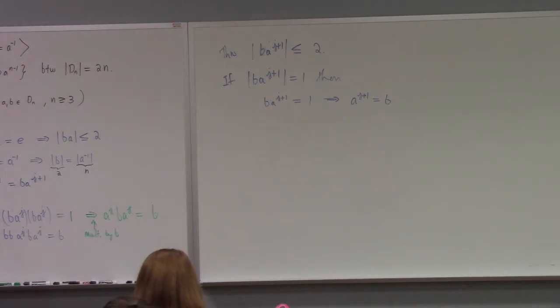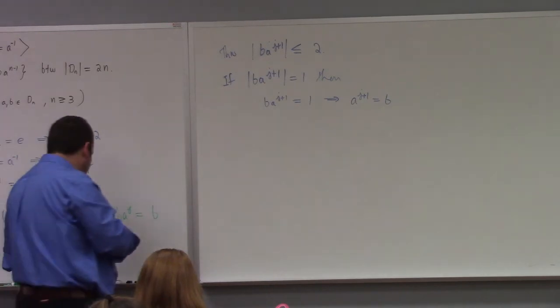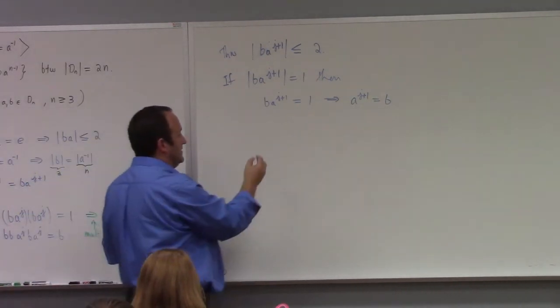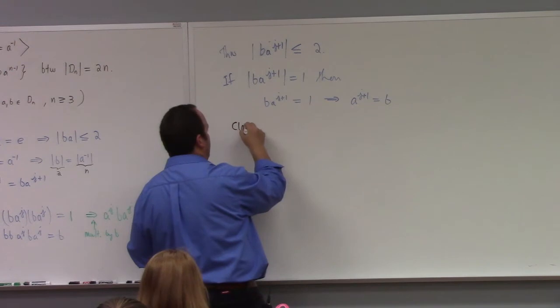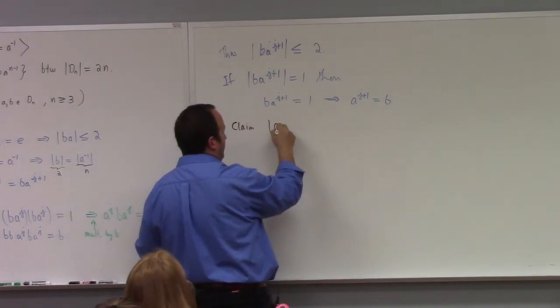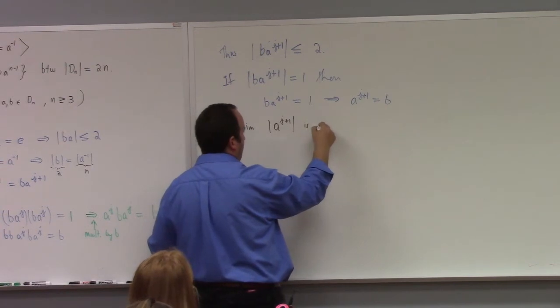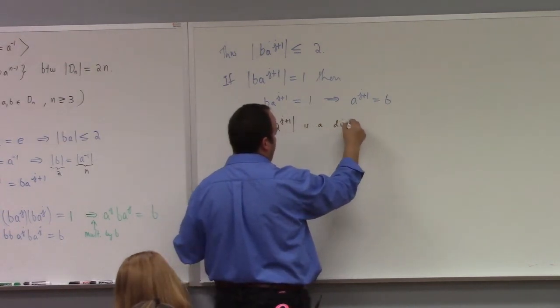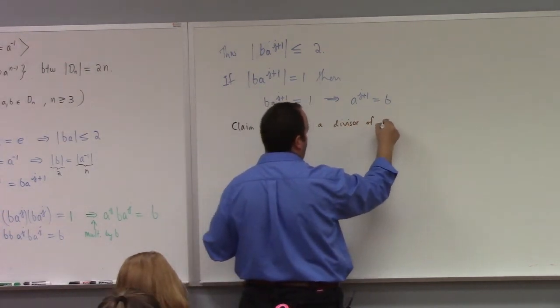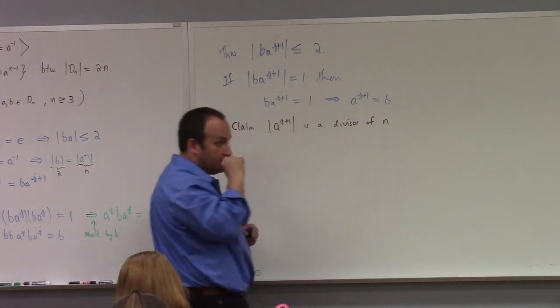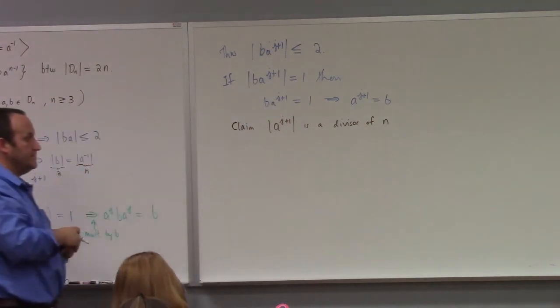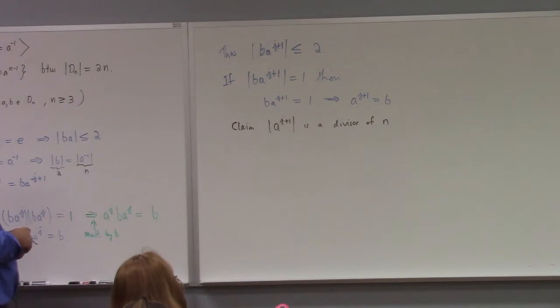Unfortunately at this point I think I need a result. This is a claim from the future: the order of A to the J plus 1 is a divisor of n, right? So I suppose that, man, that could be 2, couldn't it?